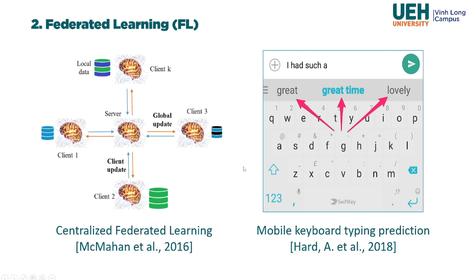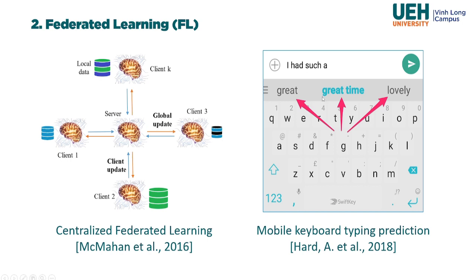One usage of federated learning was found in 2018 by other scientists at Google. It's called mobile keyboard typing prediction or autocomplete, which billions of people in the world use every day.